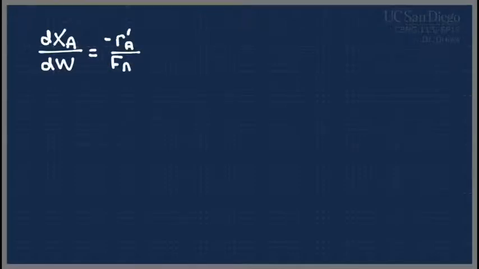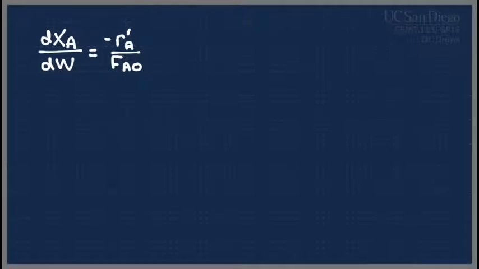The solution that we had come up with, we were asking for the variation in conversion as a function of catalyst weight. And we had said that that is equal to minus RA prime over FA0. The part that I didn't get to do last time was to actually write where each of these came from, which is what I would like to take a couple of minutes to do now.